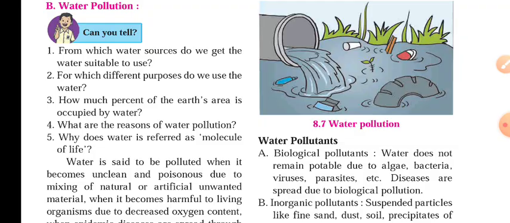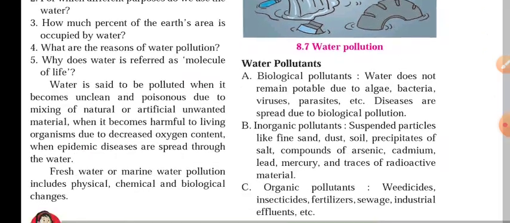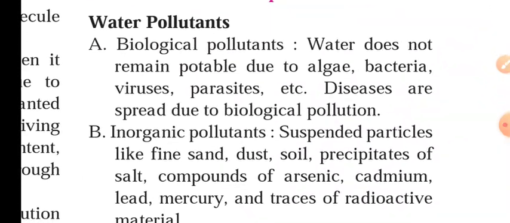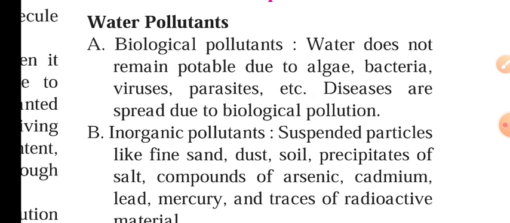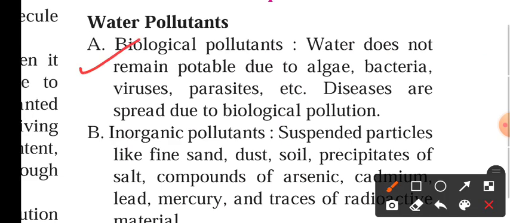Water pollutants: there are multiple factors or multiple ways of water pollution. The first one is biological pollutants. Water does not remain potable due to algae, bacteria, viruses, parasites, etc. Diseases are spread due to biological pollution.